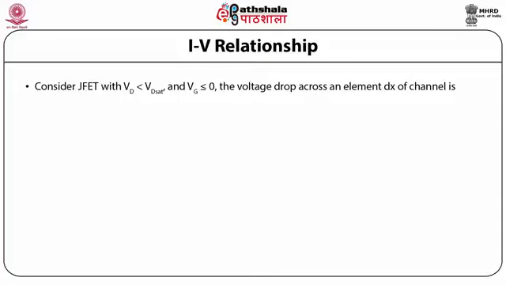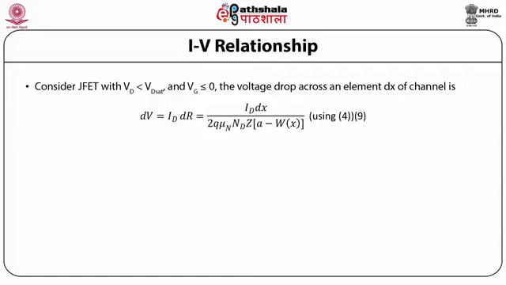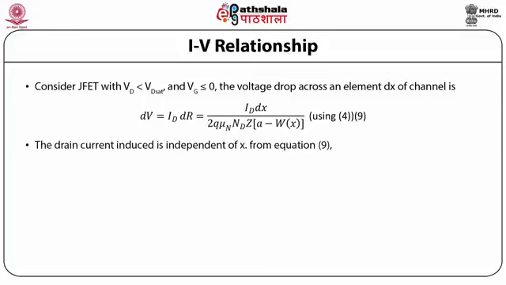Consider a JFET with VD less than VD saturation and VG less than or equal to 0. The voltage drop across an element dx of the channel is dV equal to ID dR equal to ID dx by 2q mu n Nd Z multiplied by (A minus W). So the drain current is independent of x.